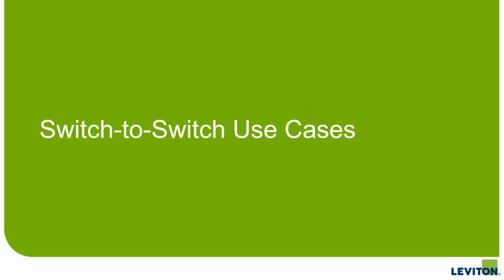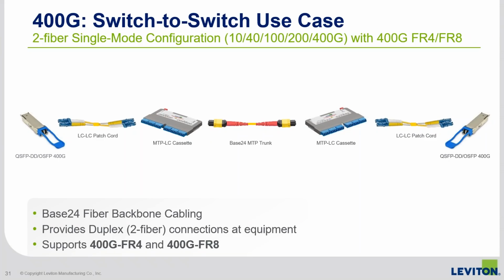So looking first at the use case for switch to switch scenarios. This is a channel configuration, and this is a 2-fiber single mode configuration. I'll start out really in the middle. This is a base 24 MTP trunk.